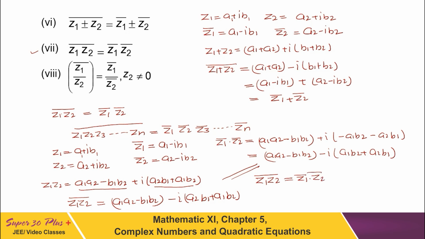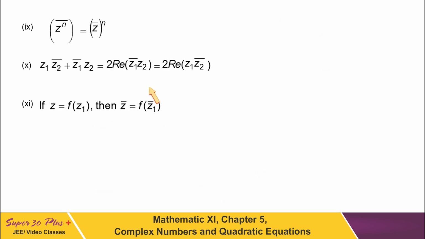And now we can generalize it also. Similarly, we can prove property number 8, that Z1 upon Z2 whole conjugate is equal to Z1 conjugate upon Z2 conjugate, and it is given that Z2 is not equal to 0.